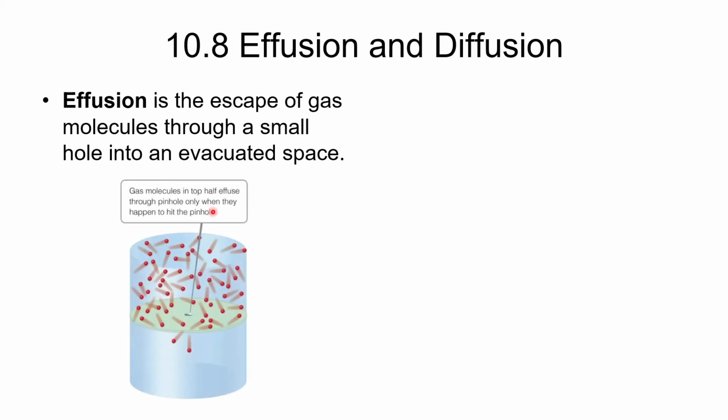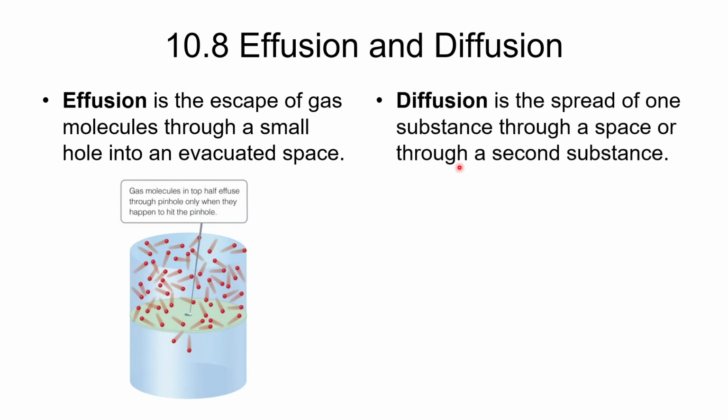So here, if we've got some pressure of gas, and over here we've got an evacuated space, and then there's a hole in between them, effusion is the process of those particles effusing through that hole into the vacuum. And we'll find that the rate that happens is going to be dictated by the size of the molecules and the speed of the molecules.